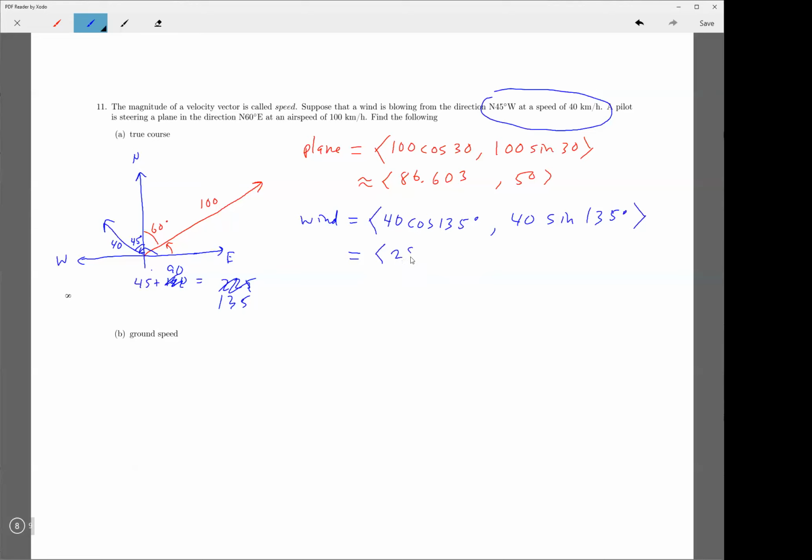Okay, so here I have negative 28.284 and positive 28.284. Then I can add them together.